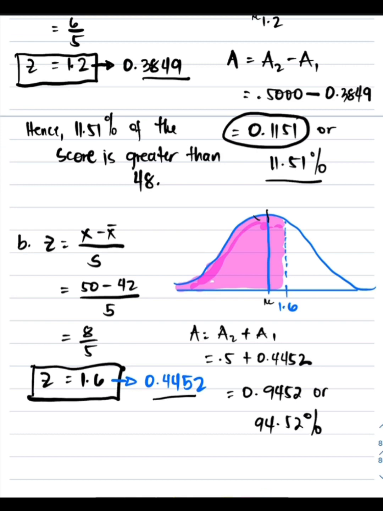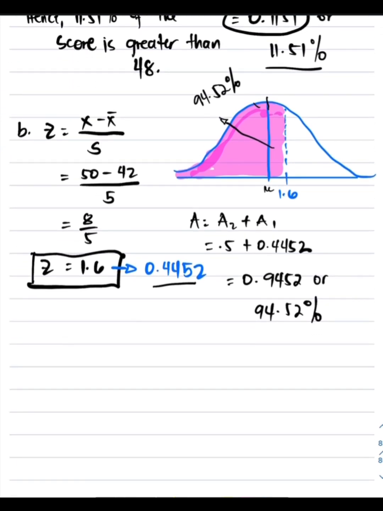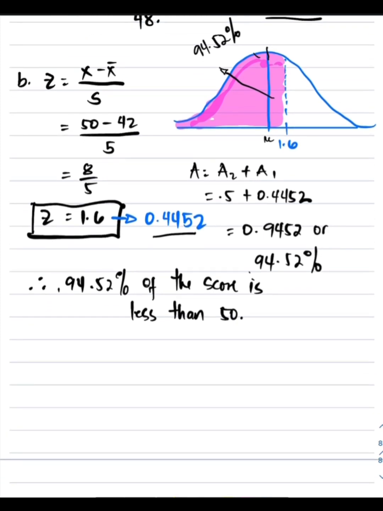So, meaning, this area from negative infinity to positive 1.6 and below is 94.52%. Next, our conclusion. So, therefore, 94.52% of the score is less than 50.